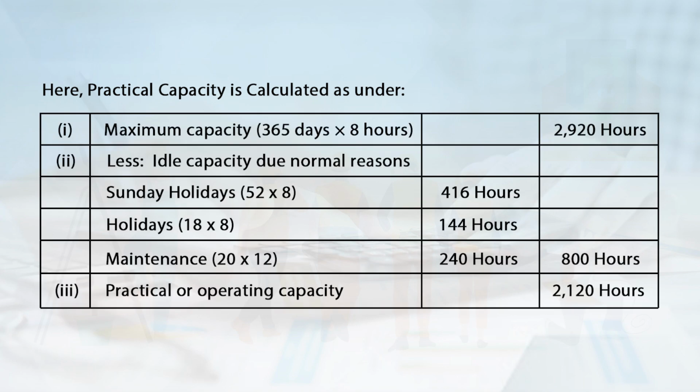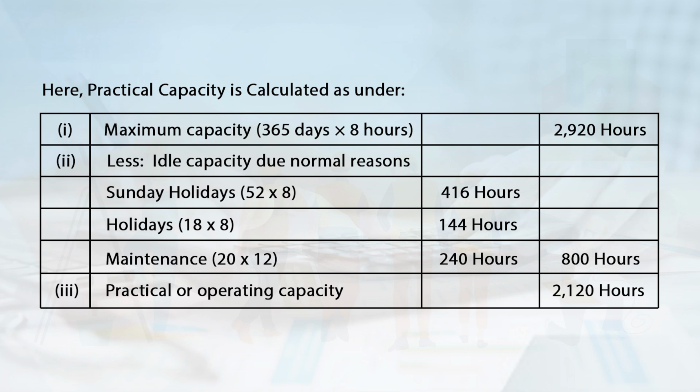First, maximum capacity, that is 365 days into 8 hours, which is giving us 2920 hours. From that, deduct capacity lost due to normal reasons. First is Sunday holiday, 52 multiply 8, 416 hours.